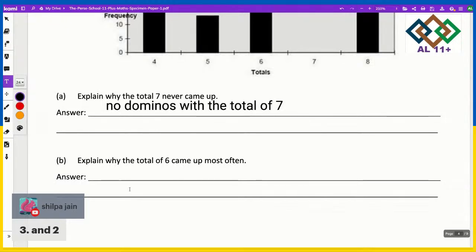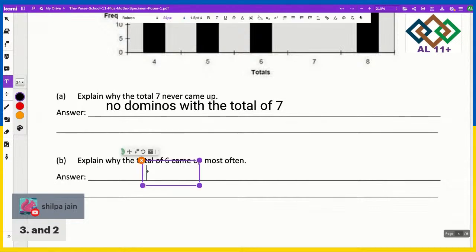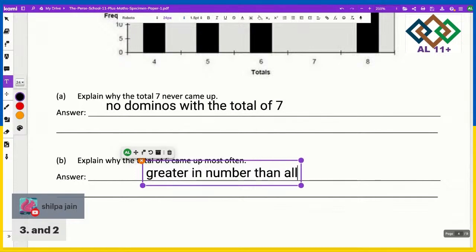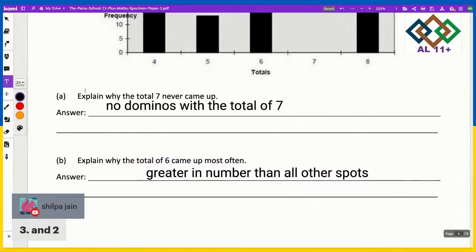So you'll just write greater in number than other spots, that's why. So let's move on to the next one.